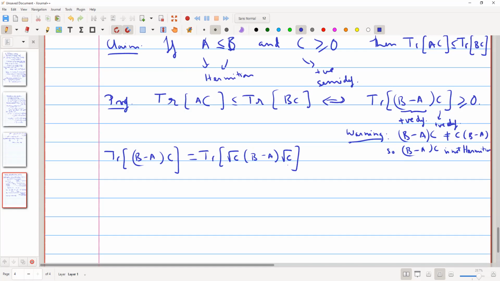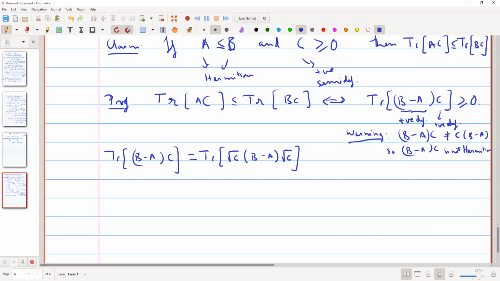C is a positive semi-definite matrix, so go to its eigenbasis. You have eigenvalues, and take the square roots of those eigenvalues. That is also a positive semi-definite matrix. So square root C is the unique positive semi-definite square root of C. And indeed, square root C times square root C will be C, as you can see, just work in the eigenbasis and you're done.